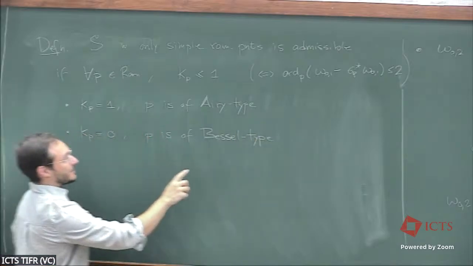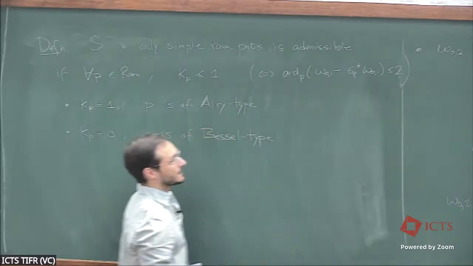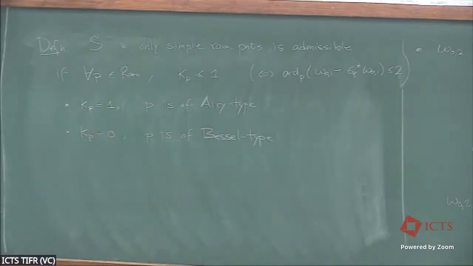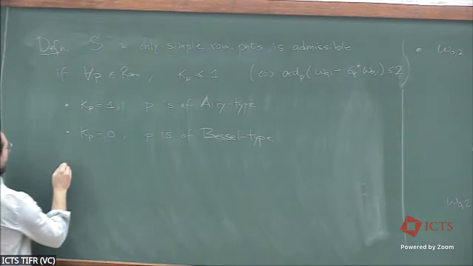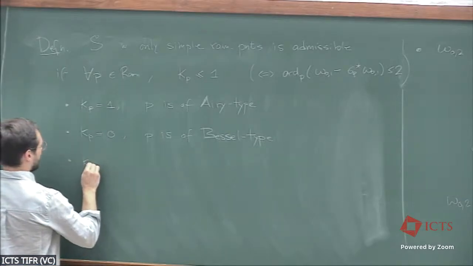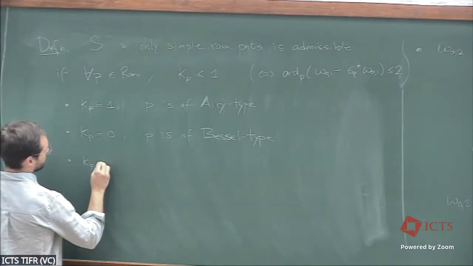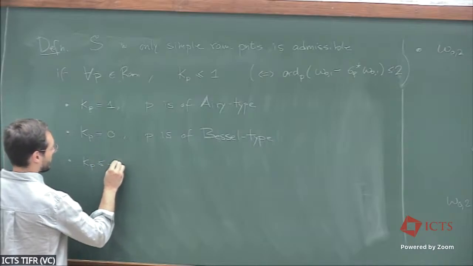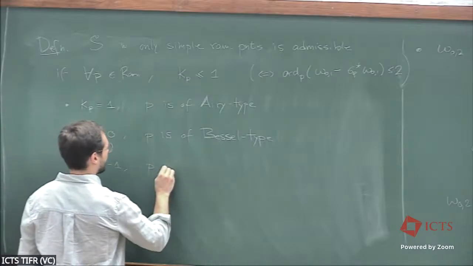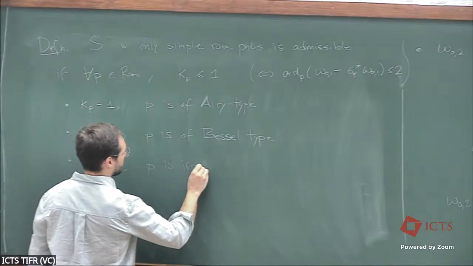So this condition is the same as saying that this expression is regular at P and non-vanishing. And if instead Kp is less or equal than -1, then I will say that P is irrelevant.